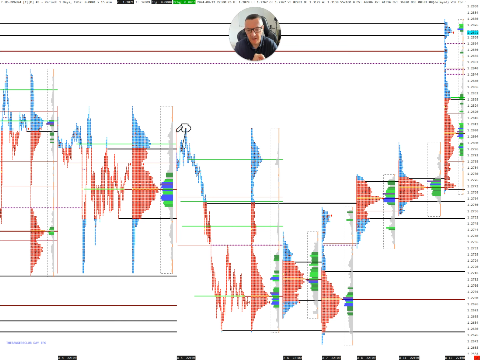I'd be looking for a supply zone on a smaller time TPO to take the trade short, and I'd be looking at closing the trade at the previous day value area low here. So that's where I'll be taking your profits.